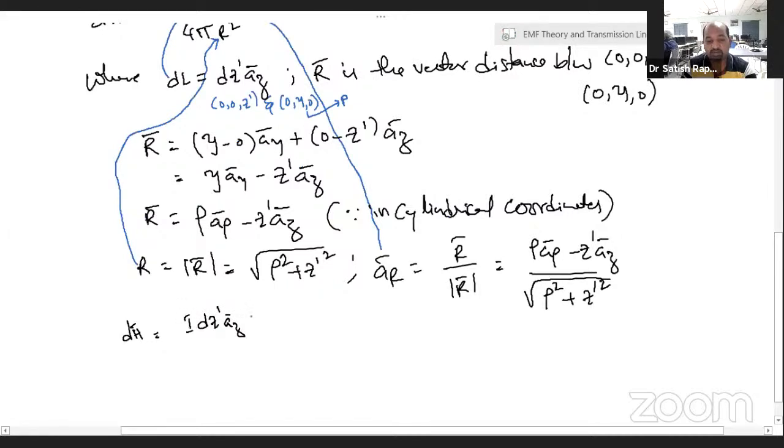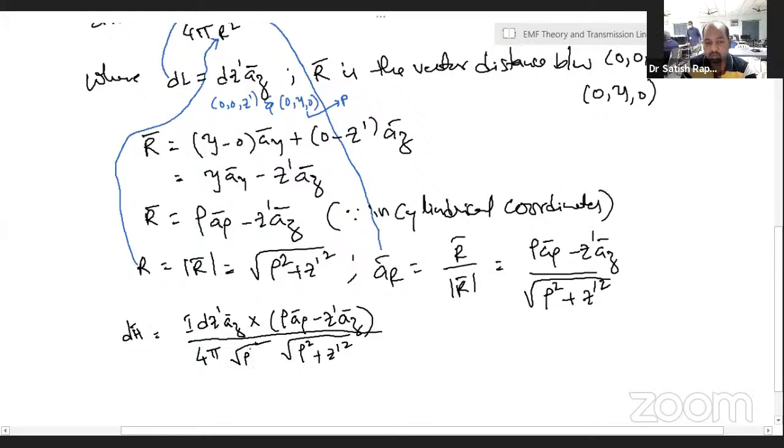I dl cross ar bar is rho a rho bar minus z dash az bar divided by root over rho square plus z dash square, and 4 pi r square.